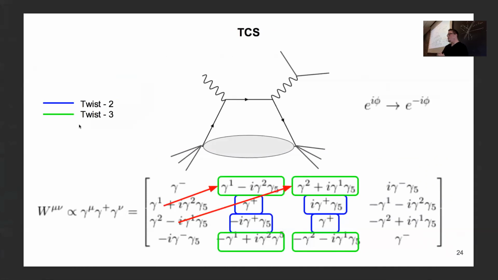That's an interesting thing to think about: when we were looking at our observables at twist-3, we had linear combinations like E2T tilde plus E2T tilde prime, and now we want to look at how this sign change is going to affect our TCS observables.